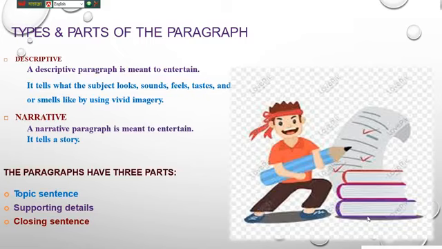Vivid imagery means through your writing, you have to give a clear idea. You will try to give a clear picture, but it must be through your writing. And then a narrative. A narrative paragraph is meant to entertain. It tells the story.